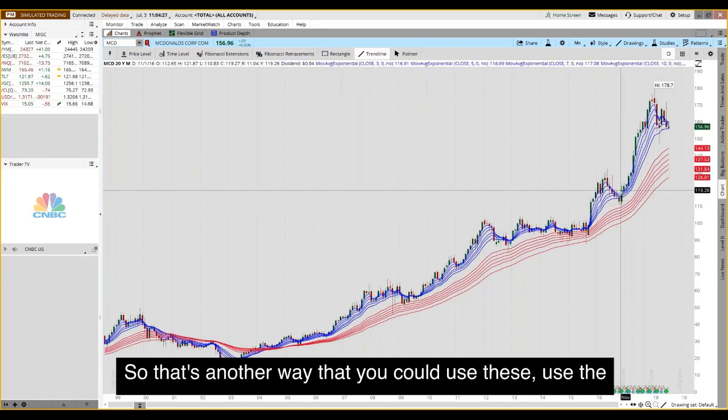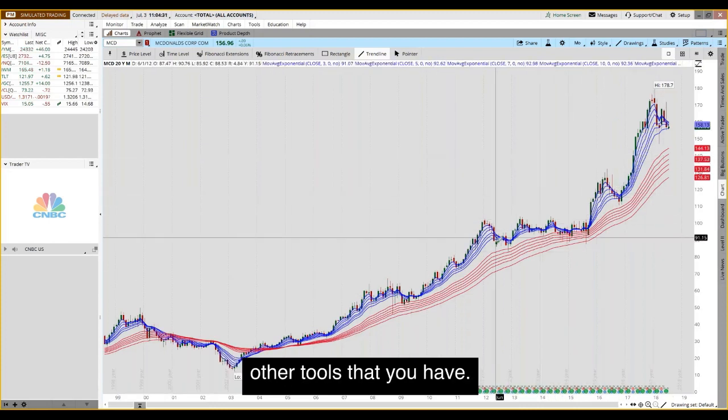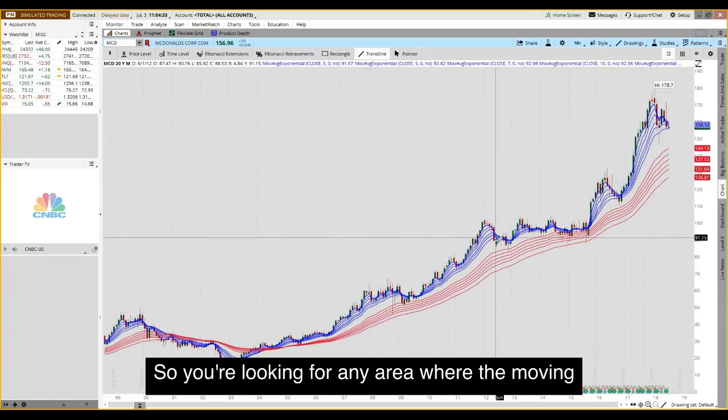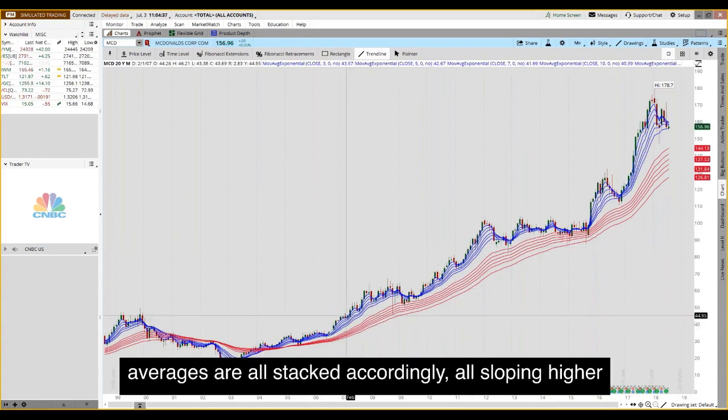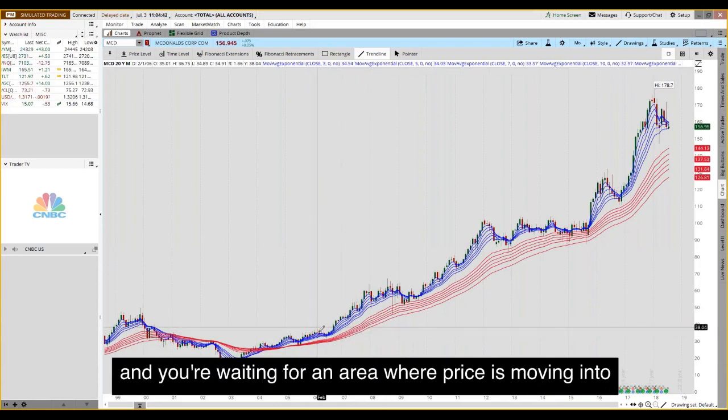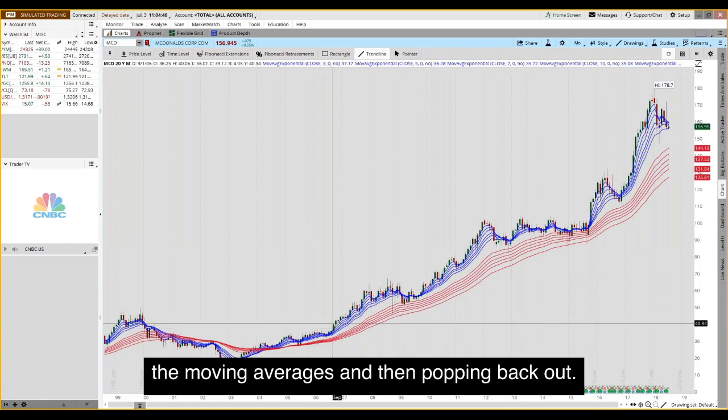So that's another way that you could use the other tools that you have. So you're looking for any area where the moving averages are all stacked accordingly, all sloping higher, and you're waiting for an area where price is moving into the moving averages and then popping back out.